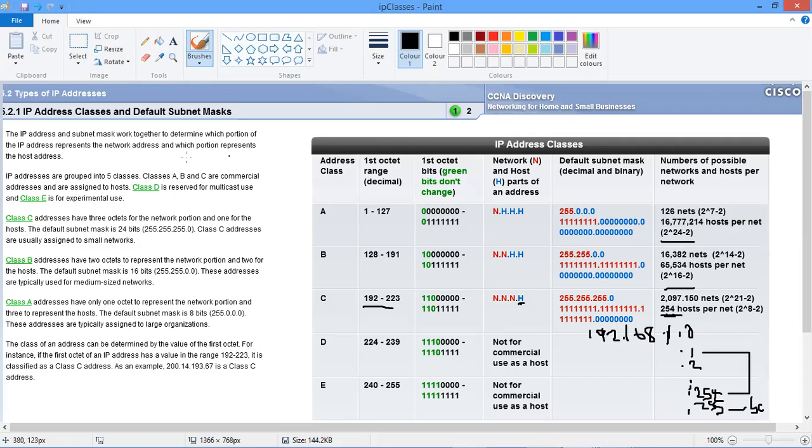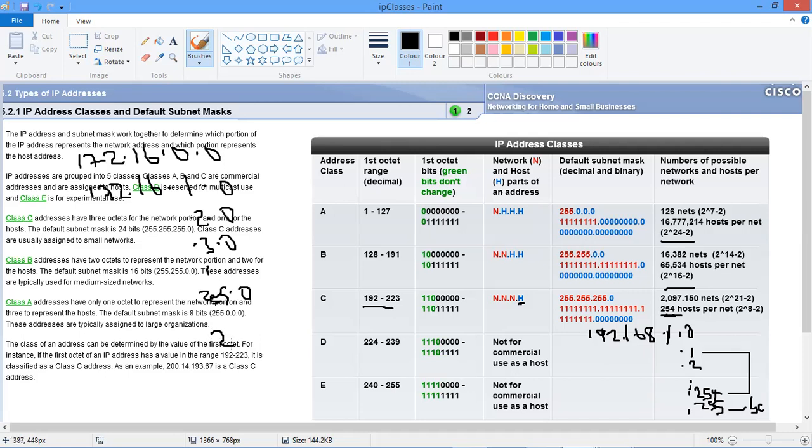Now, if I have class B, for instance 172.16.0.0, I can have the first IP address as 172.16.1.0, then 2.0, 3.0, till 255.0.